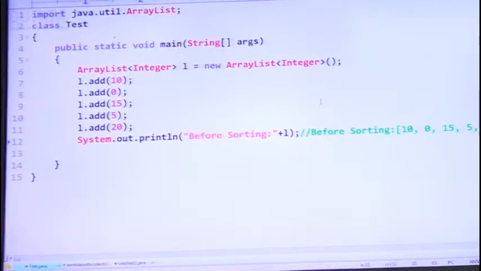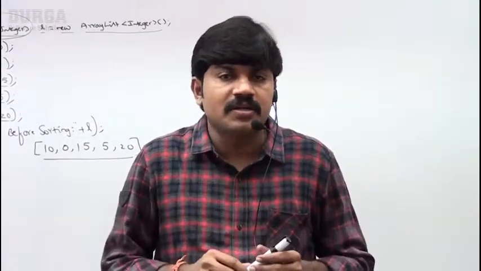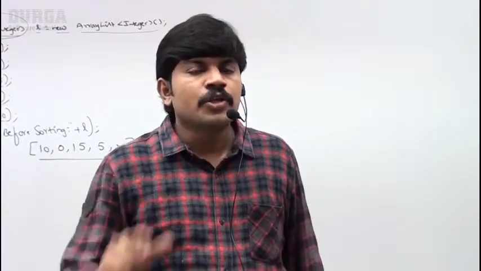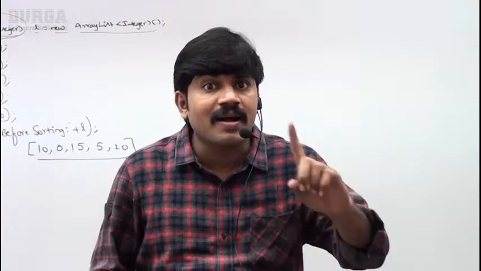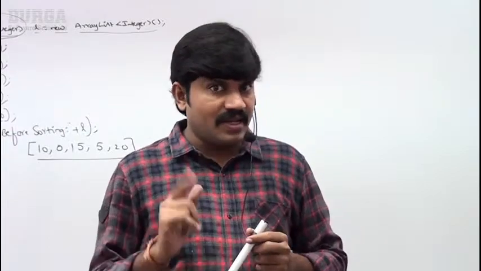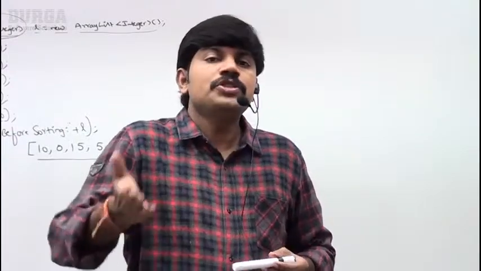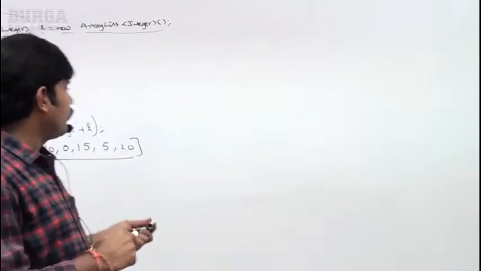Now I want to apply sorting for the list. A List never talks about sorting. If you want sorting for the list objects, then we should go for the comparator concept. Already I covered that, right? Which method do we have to use? Very simple.